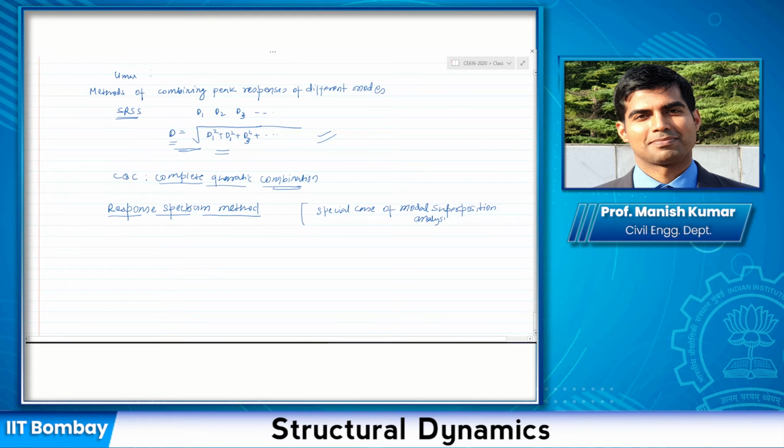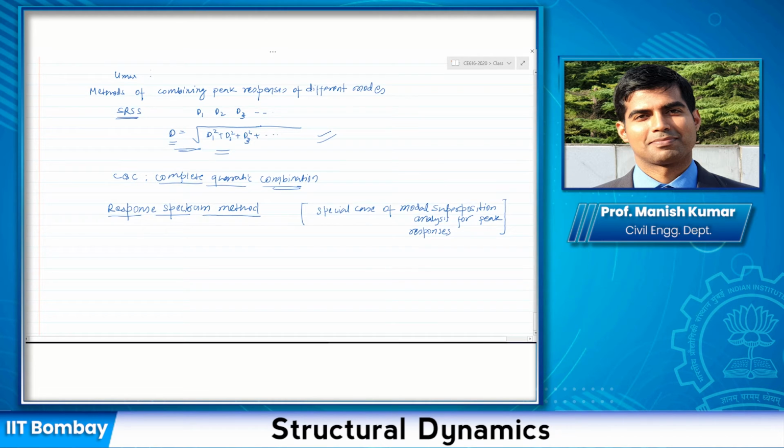Remember, modal superposition analysis is for any time t, but for maximum response, we use the response spectra, and it is called the response spectrum method. So it is a special case of modal superposition analysis for peak responses. All right, let us see one example of how we can actually utilize this method.